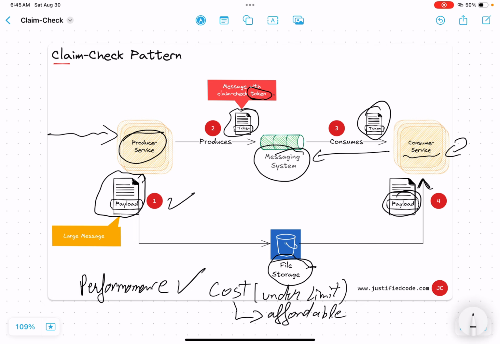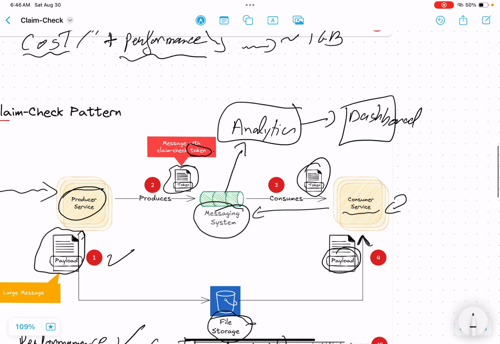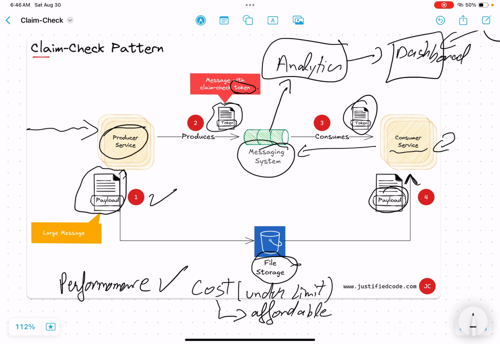This kind of stuff cannot sit in the message broker because usually message brokers have an analytics system listening to it that posts its logs to a certain dashboard, and this dashboard usually has lots of ops teams looking at it. So sometimes you don't want the messaging system to have this kind of sensitive information. You can secure that with an external file storage with the necessary access tokens there that are usually limited by scope and time.